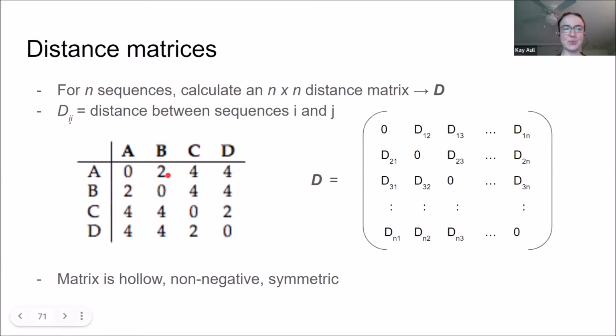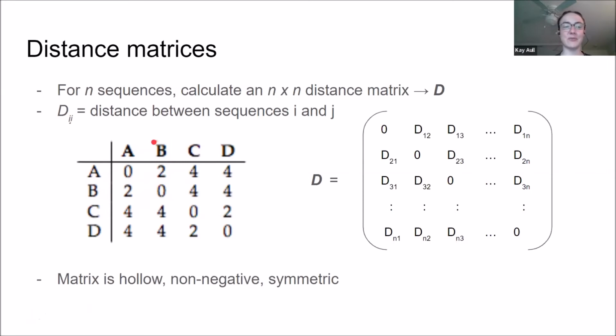The difference between A and B is the same as the difference between B and A. This calculation can be something straightforward, like an edit distance of 2 between the two of these. You can have a phenotypic difference.